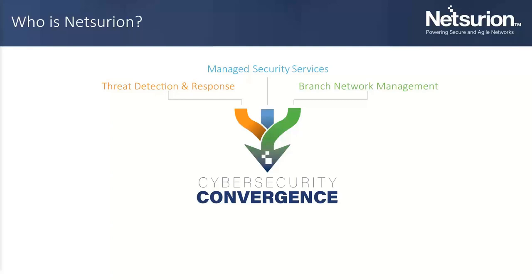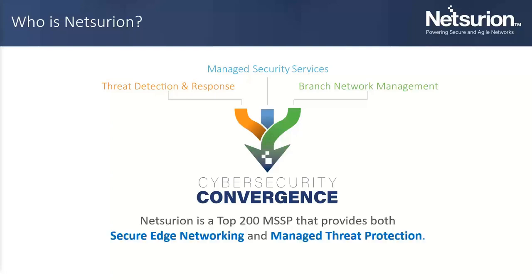The primary focus of this discussion will be on the left side, threat detection response, as the MITRE ATT&CK framework focuses solely on that. But overall, our company has, like I said, a strong convergence of cybersecurity and network management. We are officially an MSSP, or some people call it a master MSSP, or a top 200 MSSP in securing the edge network and managing threat protection.